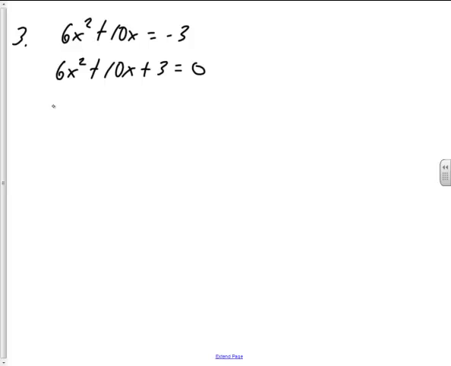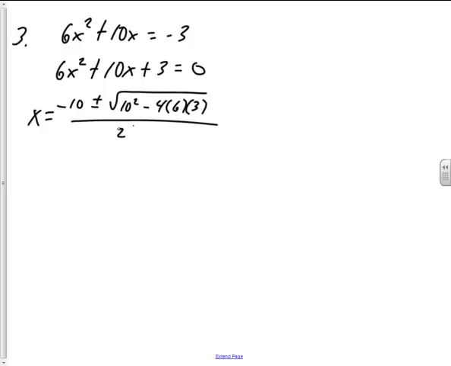But according to the quadratic formula, x is equal to minus b, which b is 10, plus or minus the square root of b squared minus 4 times a, which is 6, times c, which would be 3, all divided by 2 times a. And we end up with minus 10 plus or minus the square root of 28 over 12.